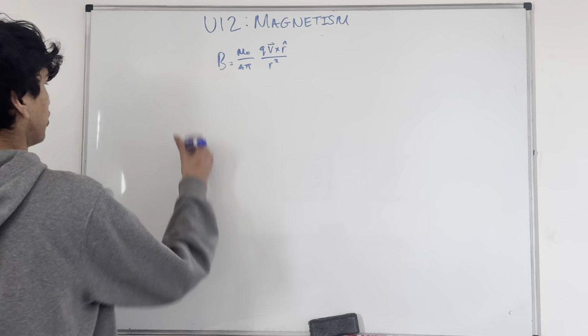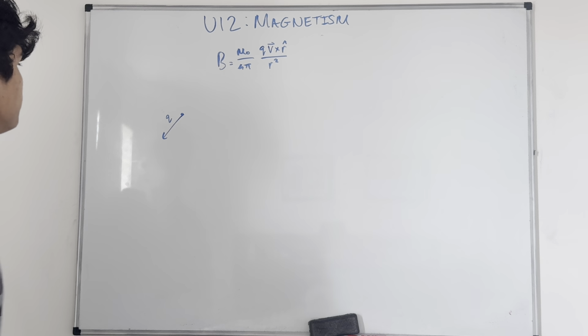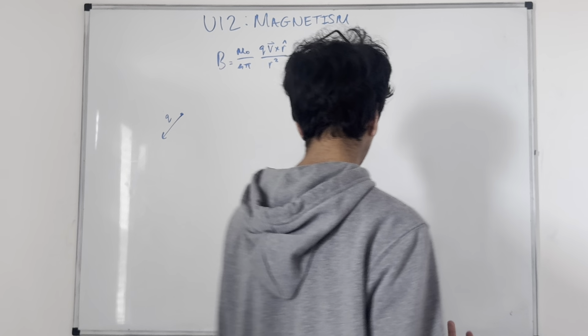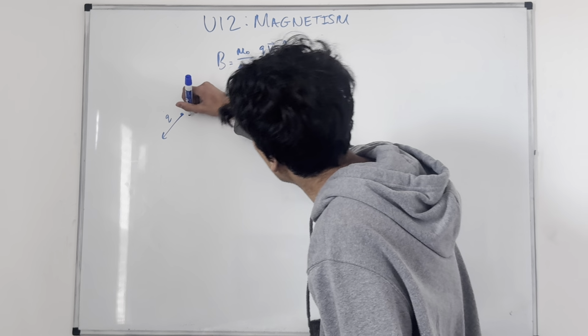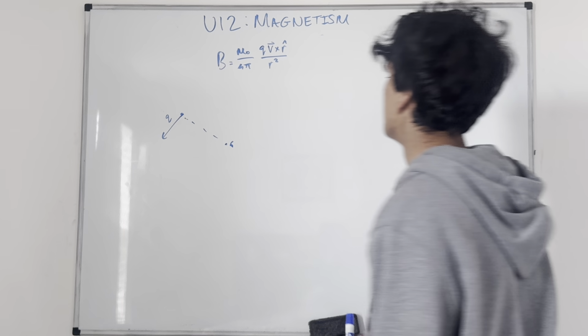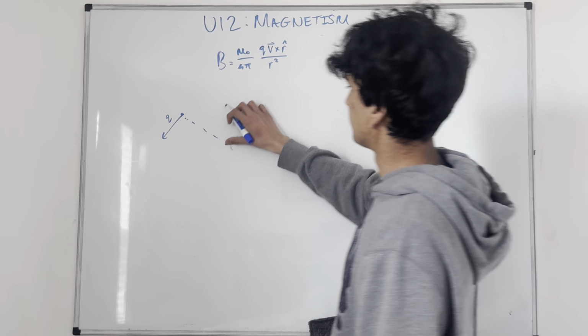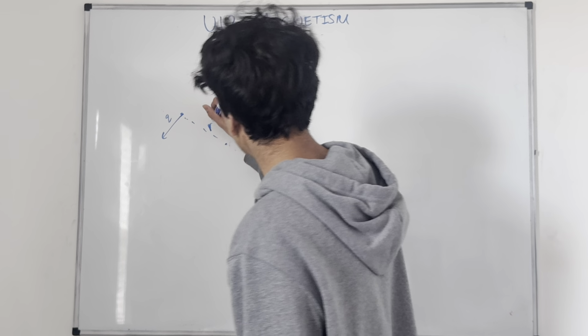So if I know a charge, Q, at a certain distance R away, I would take this distance R, square it, and then I could figure it out.